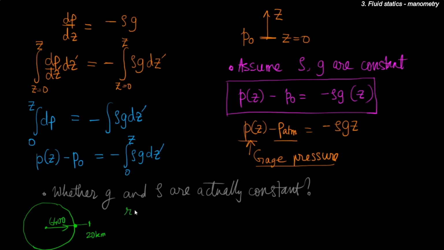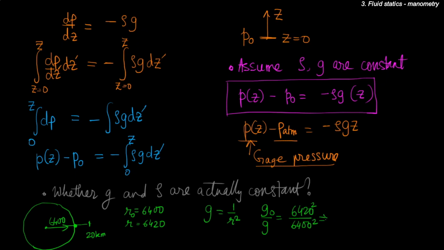So the radius has changed from 6,400 to a radius of 6,420, and gravity we know varies as 1 upon r square. If I call the gravity at the surface of the earth g naught, then g naught upon g is equal to 6420 square divided by 6,400 square, and this is actually a very small number.